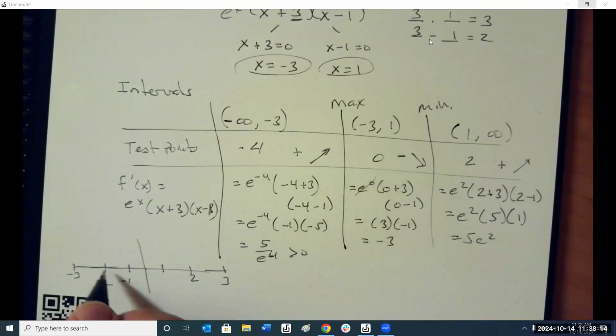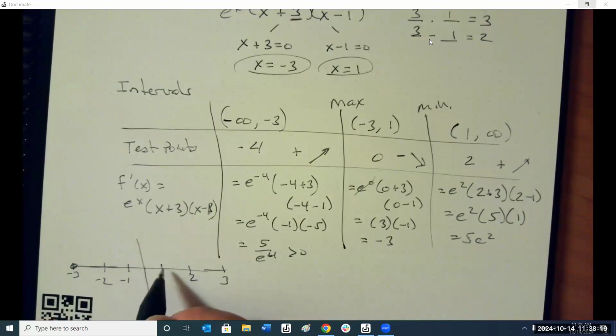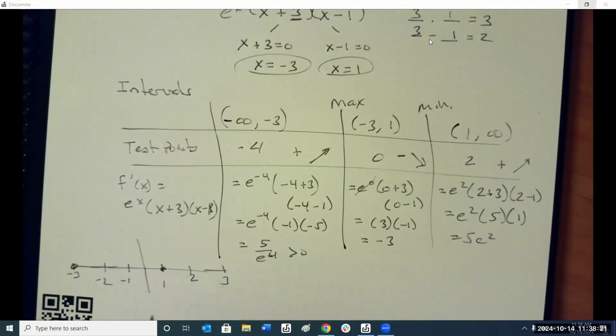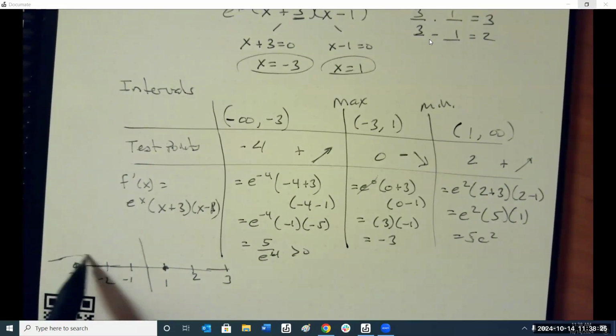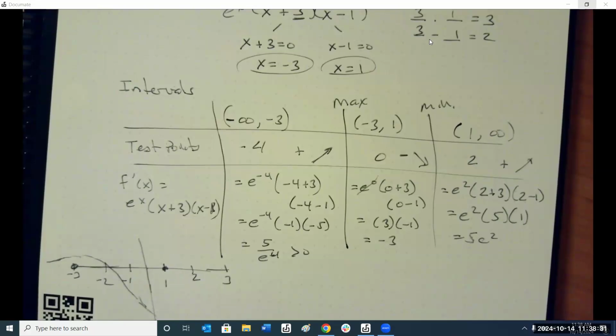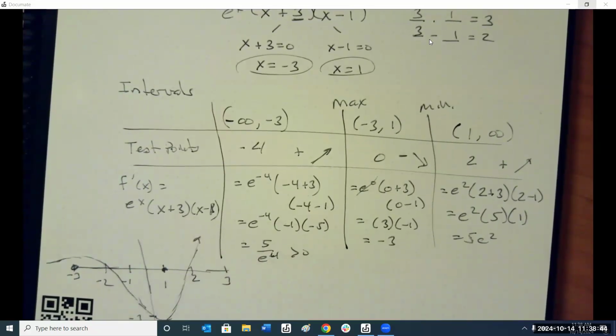Our critical points were at negative 3 and 1. It goes back up just before 2. It looks like that.